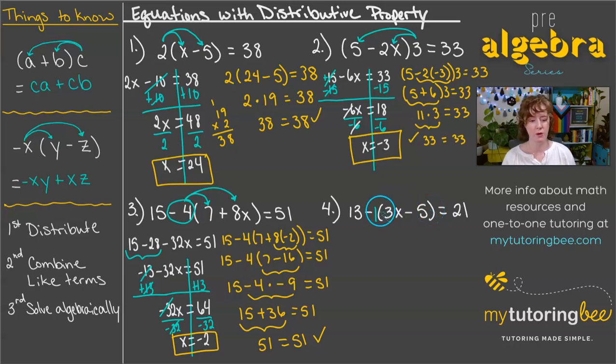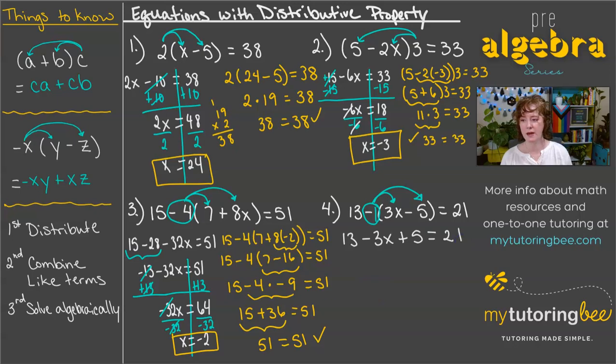Either way that you look at it, we need to distribute that negative 1 or that negative to both of these terms inside the set of parentheses. So let's do that. We've got 13 and then negative 1 times 3x gives us negative 3x. And then negative 1 times negative 5 gives us positive 5.